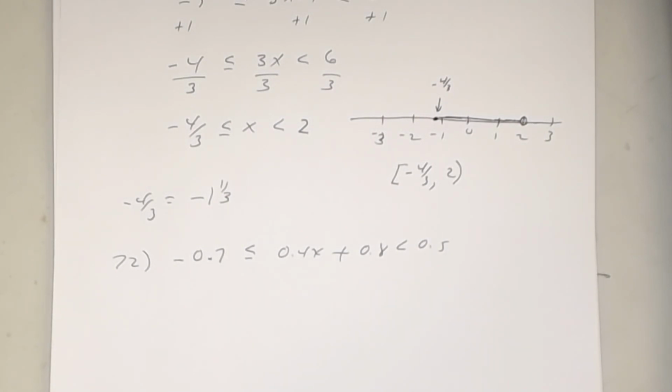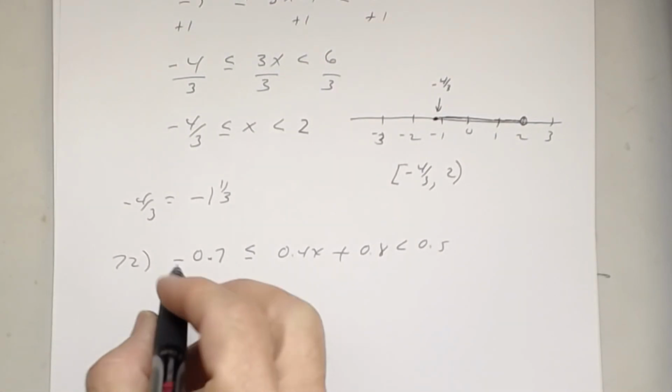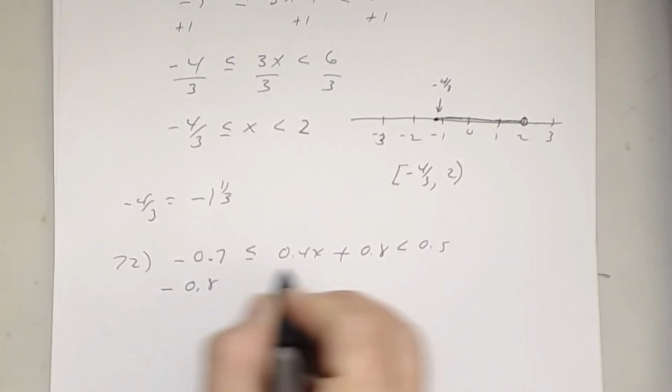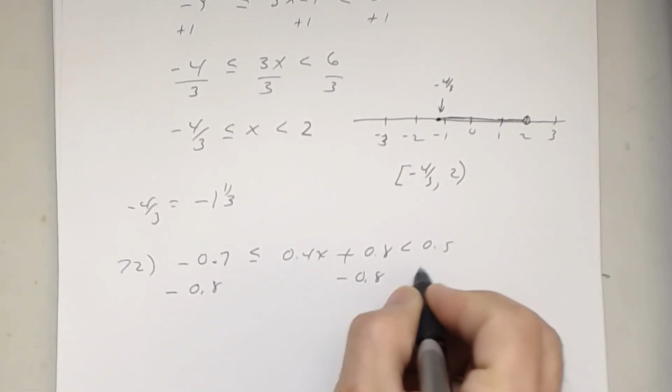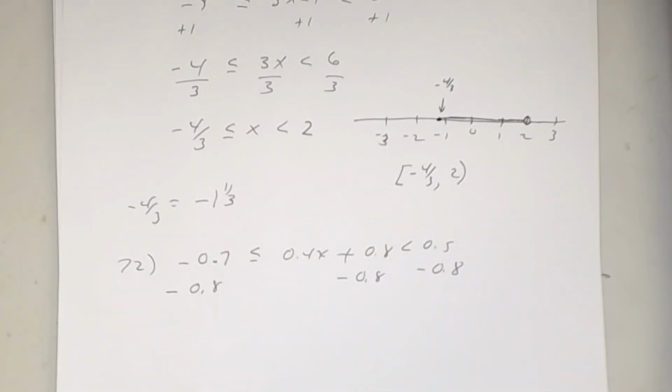All right. So what's the first step? Subtract 0.8. All right, good. Subtract 0.8 from all parts. A negative 0.7 and a negative 0.8 is a negative 1.5, correct? Is that correct?